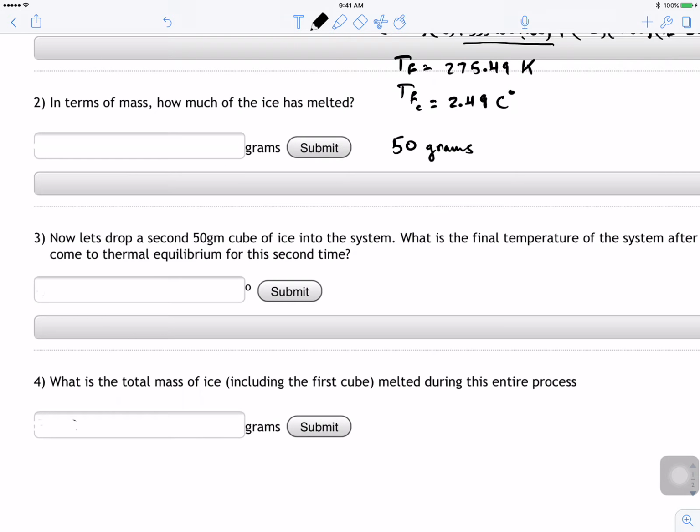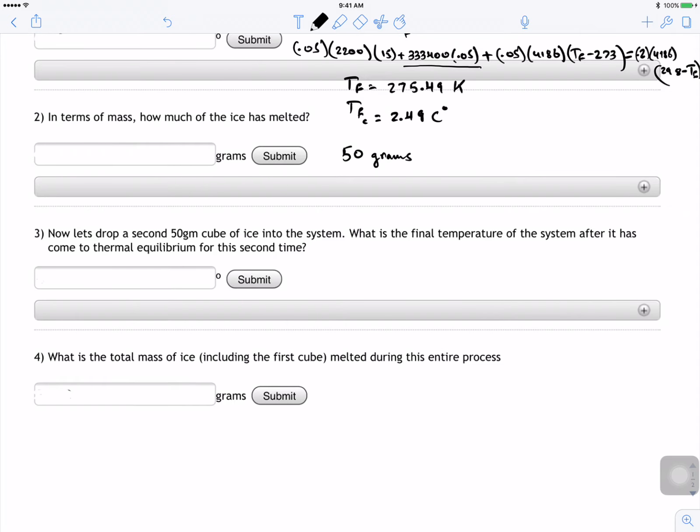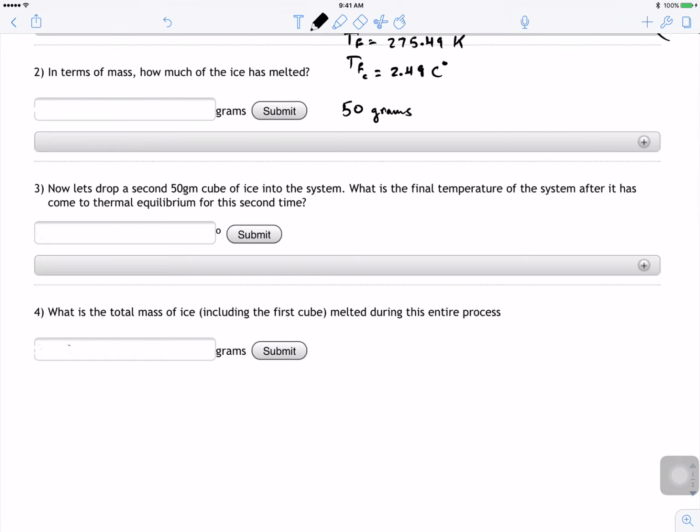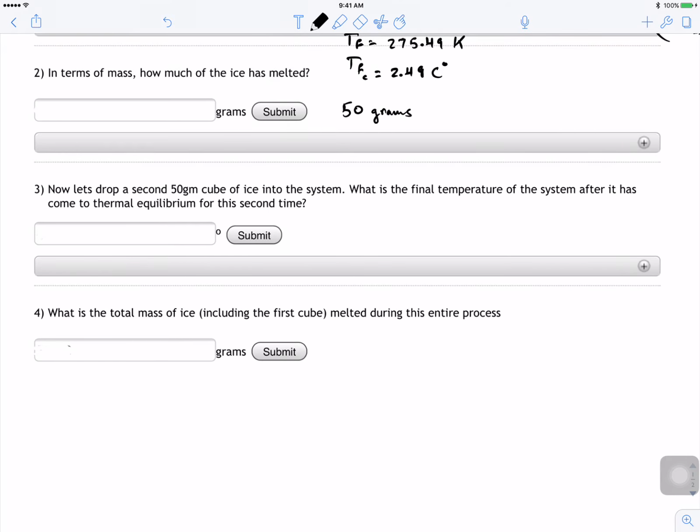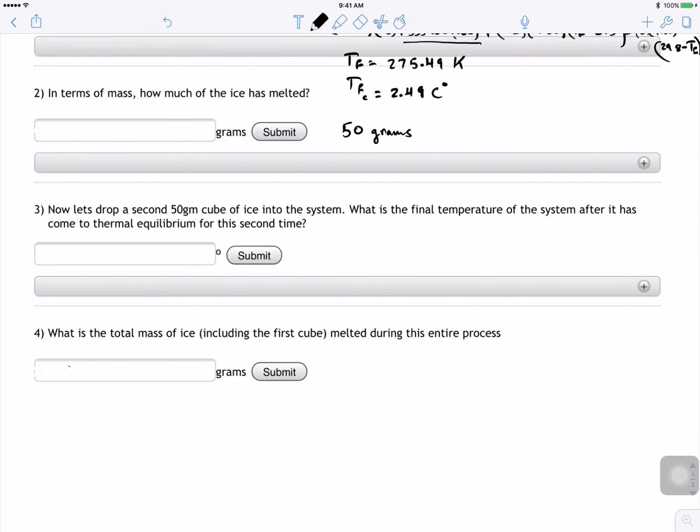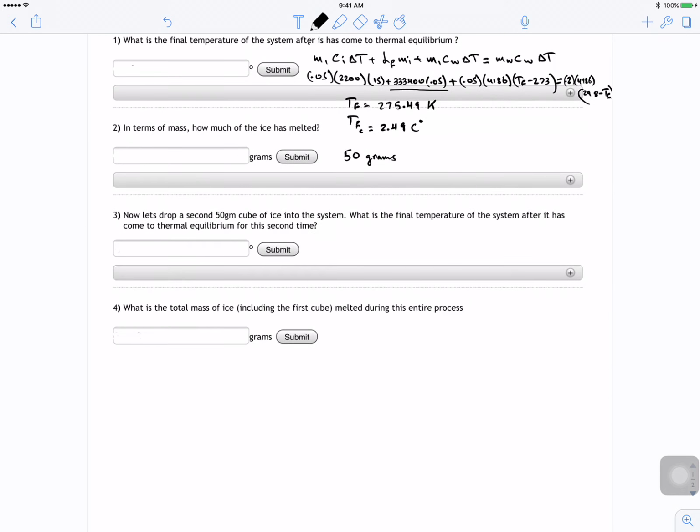So in number 3, let's drop a second 50 grams of cube ice into the system. What's the final temperature of the system after it has come to thermal equilibrium for the second time?